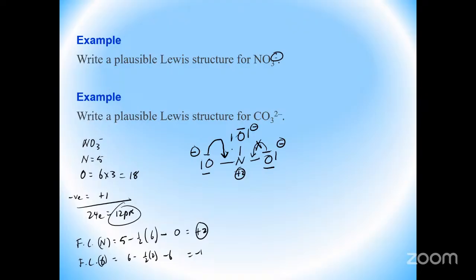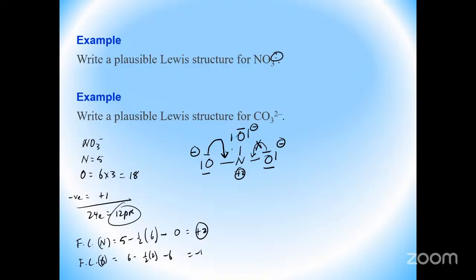Basically, when it comes to the elements in the periodic table in periods 1 and 2, those elements cannot have more than 8 electrons on their outer shell in any compound that they form. Elements beyond that, periods 3, 4, etc., can have more than 8 electrons, and we're going to see some examples of that later on.